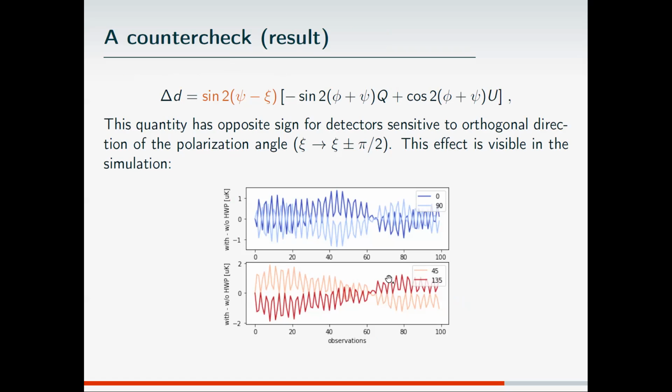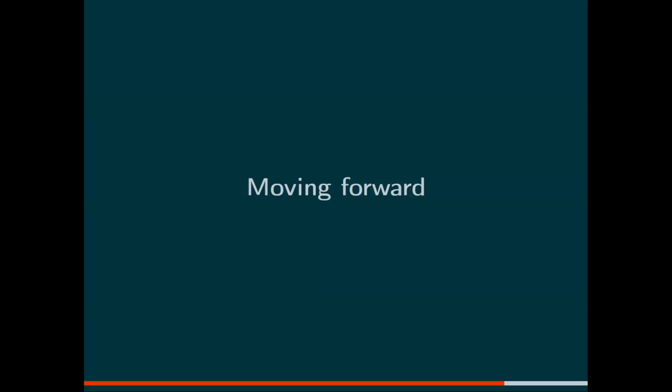This is something that we could see in the simulation by working only with the ideal half-wave plate and comparing it with a case without a half-wave plate at all. So I think this gives some confirmation that everything is going okay.